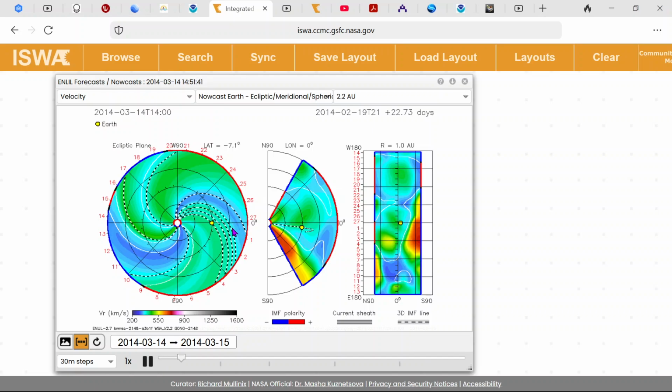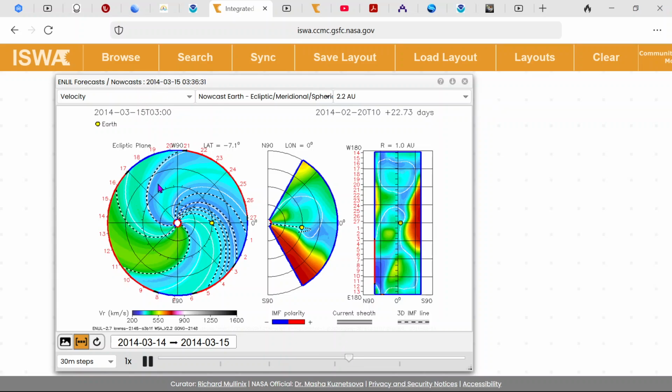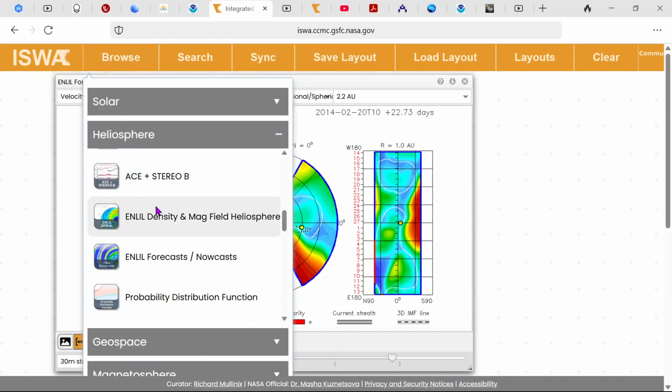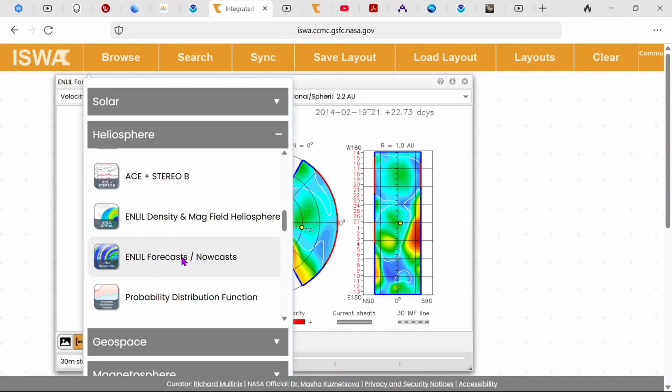We have the field lines, but there is no satellite. And I really wonder, what's the problem? Let me just forecast. There isn't any, there's just two. ENLIL density and ENLIL forecast, nowcast.